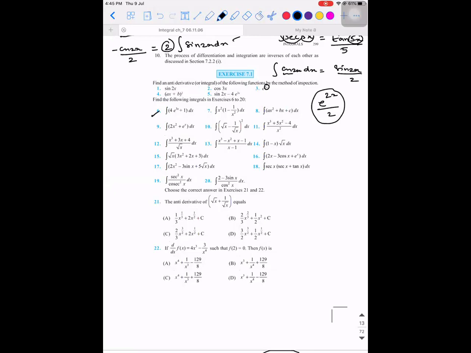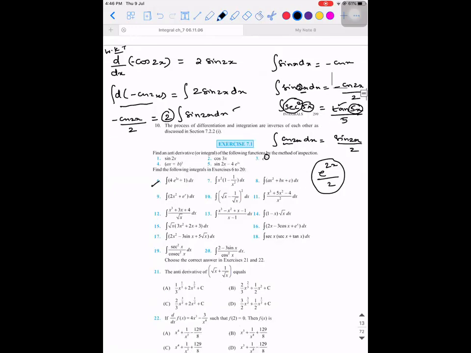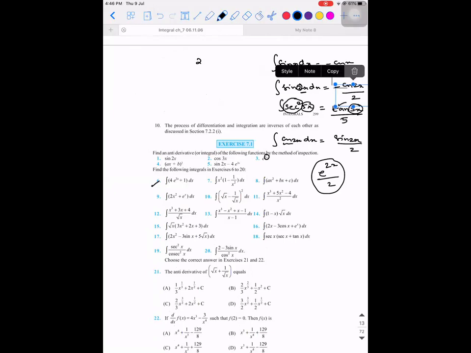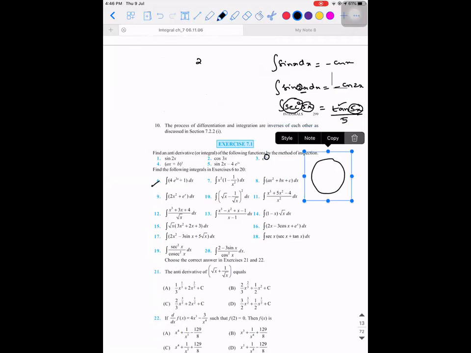So integral of 4 into e power 3x plus 1. Find the integrals of the following. Tell me.